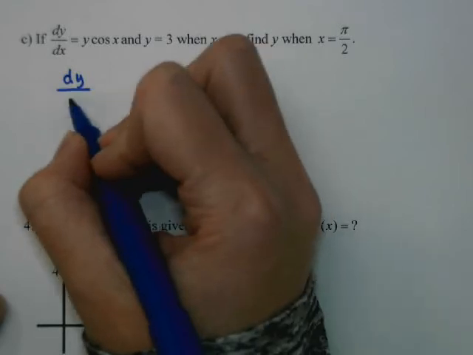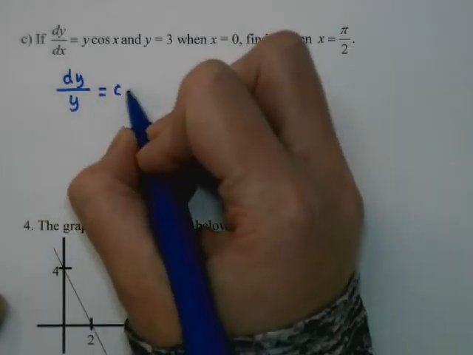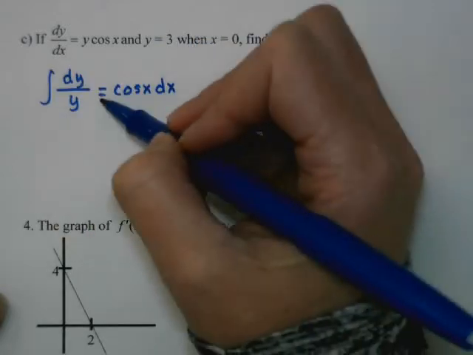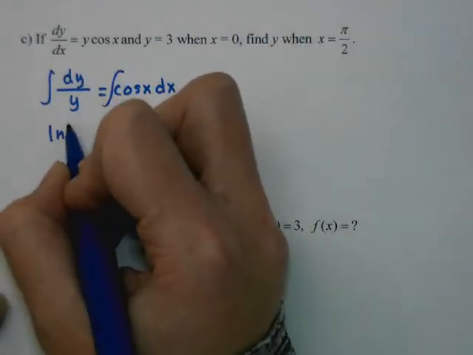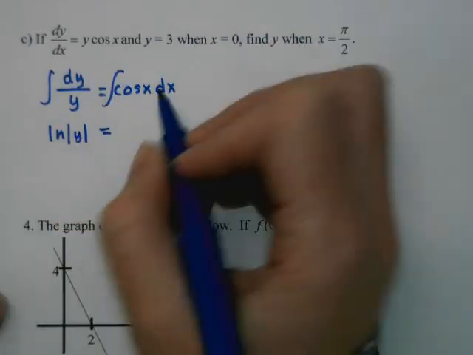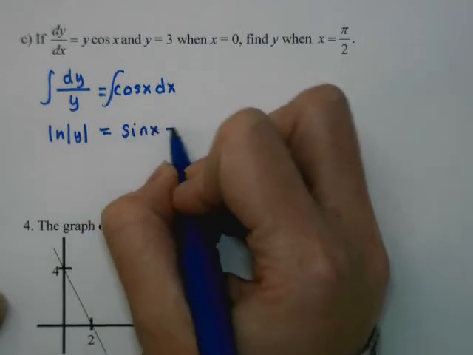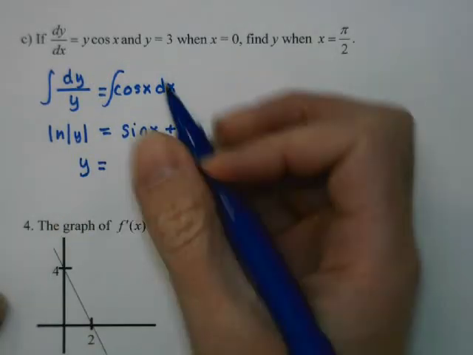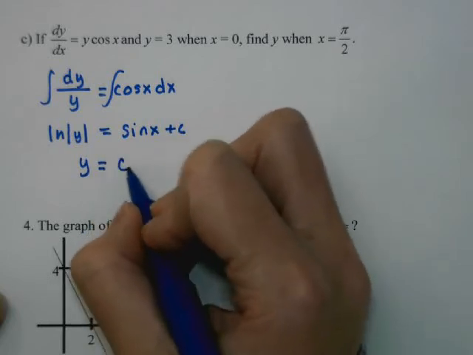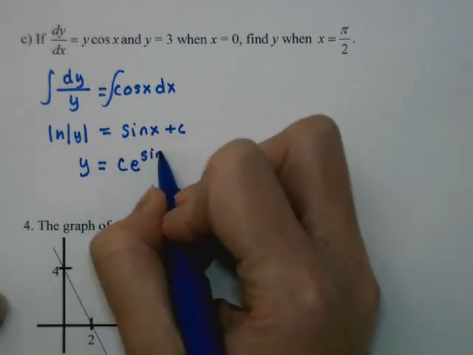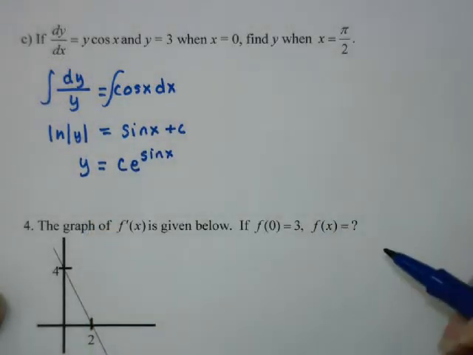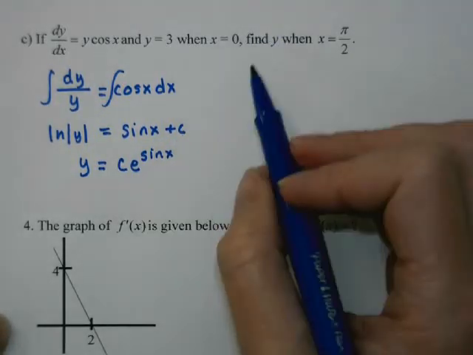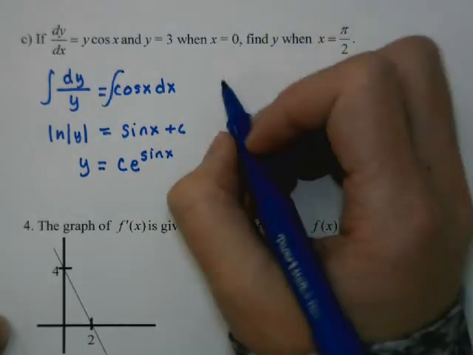Here we're going to have dy over y equals cosine of x dx. So we're going to have the natural log of y is equal to sine of x plus c. So raise both sides to e. So this is going to be c e to the sine of x. Then we'll plug in our initial condition. So our initial condition is y is 3 and x is 0.